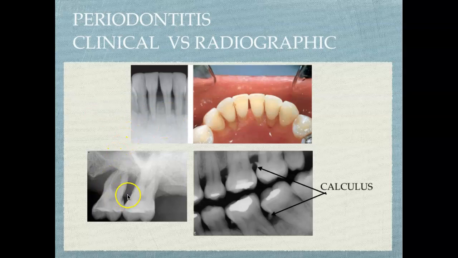Here is another image where calculus gets so thick that it's radiopaque, and you can see how it affects the periodontium, and we have some bone loss here. So calculus, if it's been on tooth structure for years, usually we see periodontal disease in relation to that.